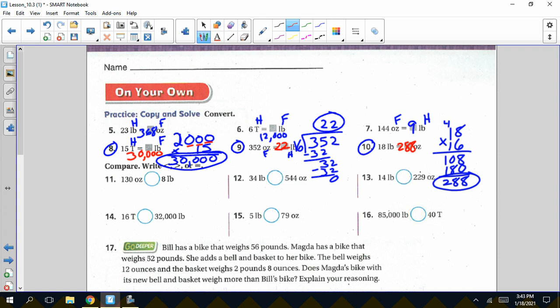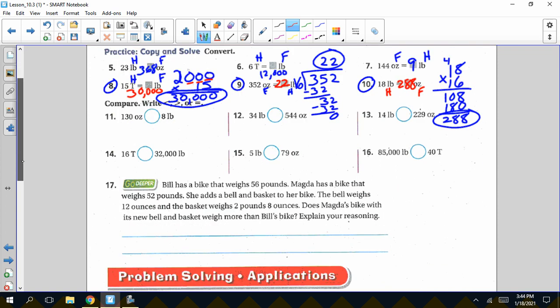Number 9 was fly to horse, so we divided 352 by 16, and we got 22. And then the last one was horse to fly. We multiplied 18 pounds by 16 ounces, and we got 288 ounces.